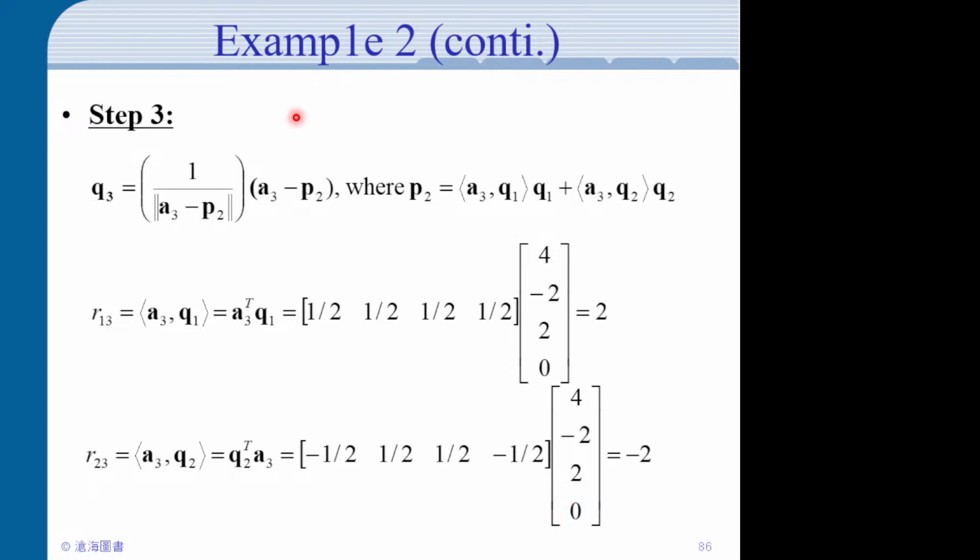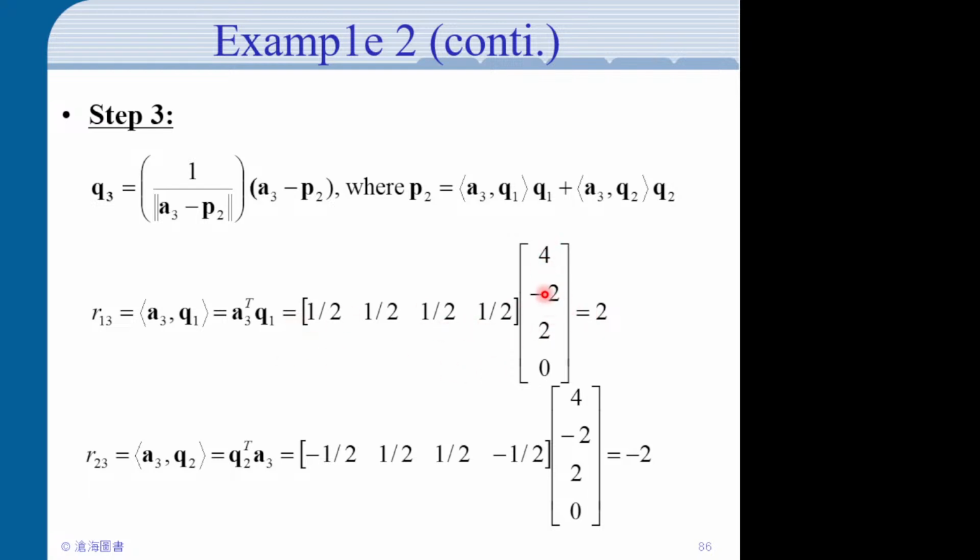So we want to find our A3, which is (4, -2, -2, 4), sorry, (4, -2, 2, 0) as written, and its projection onto Q1 and Q2. The inner product with Q1 is (1, 1, 1, 1) with 1/2.